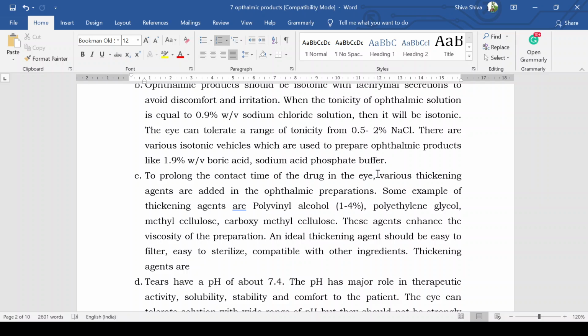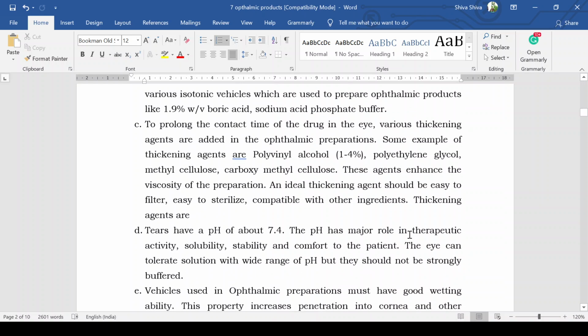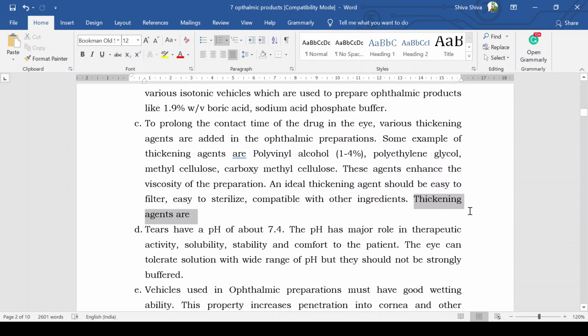Some examples of thickening agents are polyvinyl alcohol 1 to 4%, polyethylene glycol, methyl cellulose, and CMC, that is carboxymethyl cellulose. These agents enhance the viscosity of the preparation. An ideal thickening agent should be easy to filter, easy to sterilize, and compatible with other ingredients.